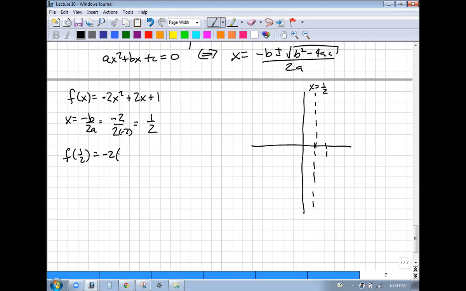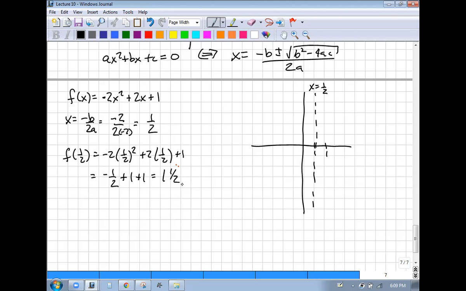So this is negative 2 times a half squared plus 2 times a half plus 1. A fourth times 2 would be a negative half. 2 over 2 is 1. So I have 2 minus a half, right? That's 1.5.